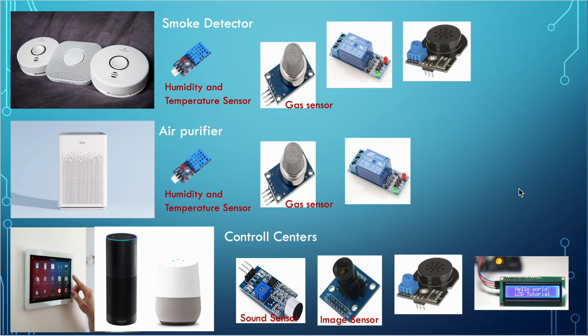Of course, if you have Alexa or Google Nest or things like that, the sound sensor or a mic would be there to listen to your voice and to understand the commands. And of course, like everything else, they will be connected to the network. They will have their own power supply and their own processing units.